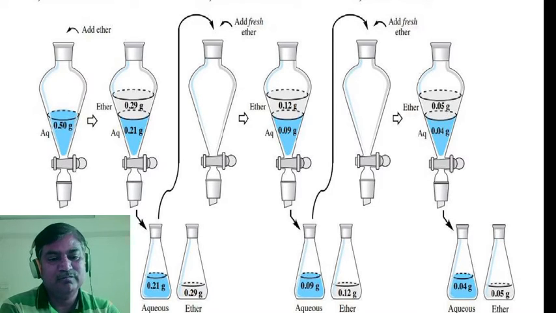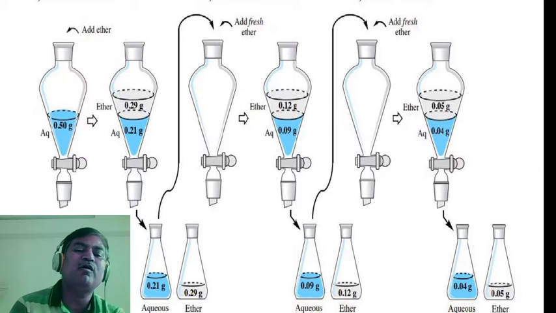Now the ether containing 0.46 gram is evaporated on a hot plate. Ether gets evaporated and the beaker now contains 0.46 gram of solute which is extracted from 0.4 gram of aqueous phase.